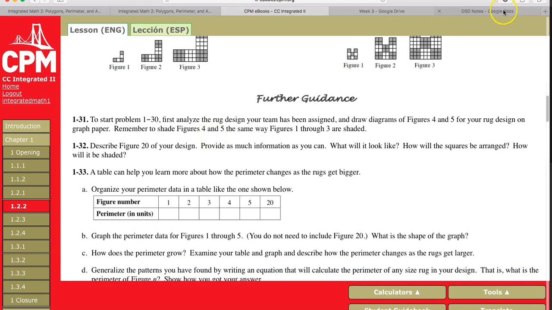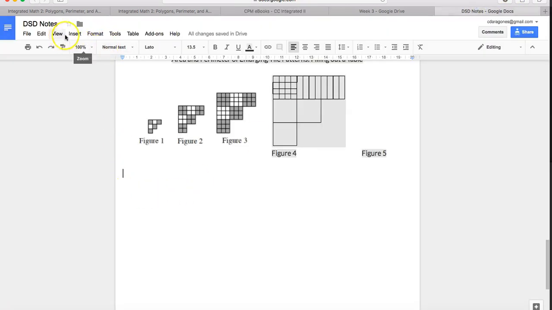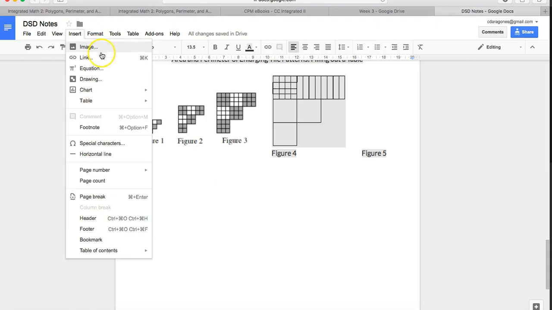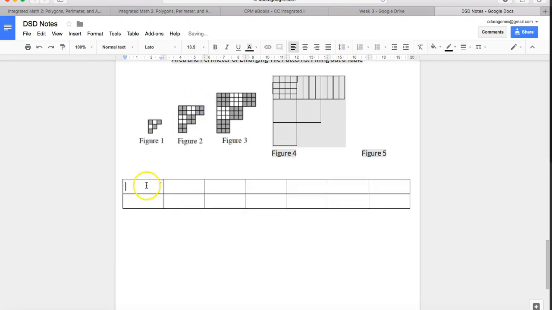It should have 2 rows and 7 columns. So 2 rows, and 1, 2, 3, 4, 5, 6, 7 columns. On the first row, in the first column, you're going to write figure number. And in this row right here, you're going to write the perimeter. Okay?